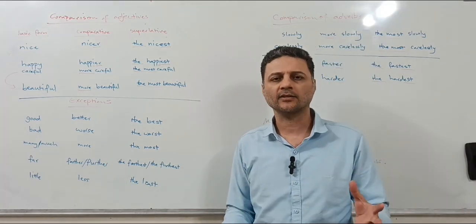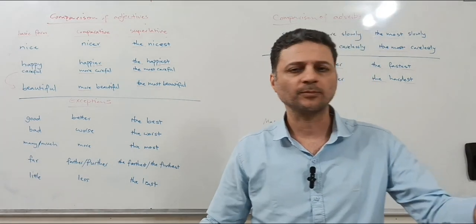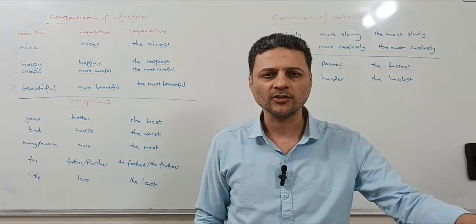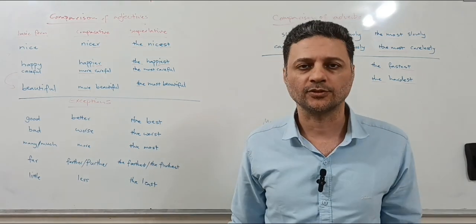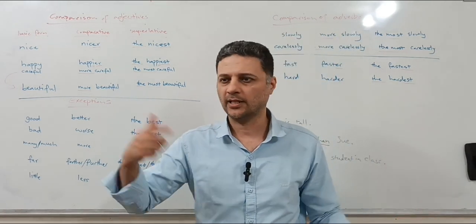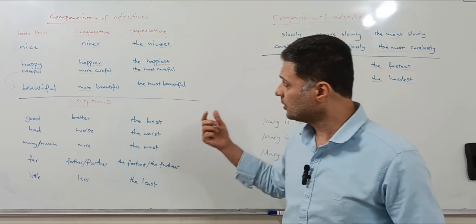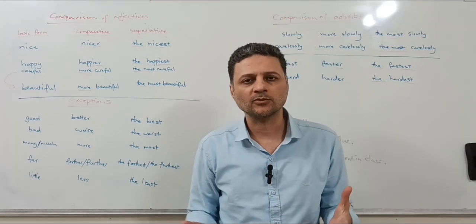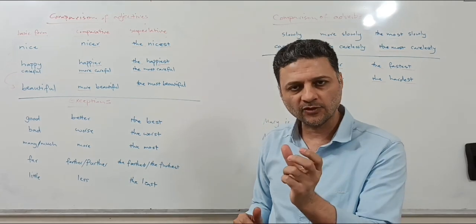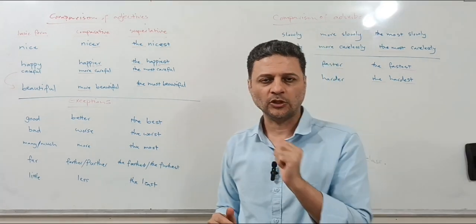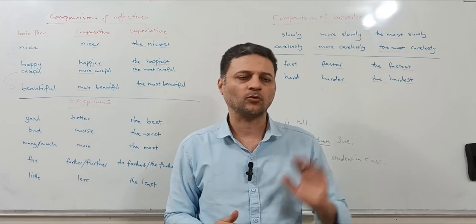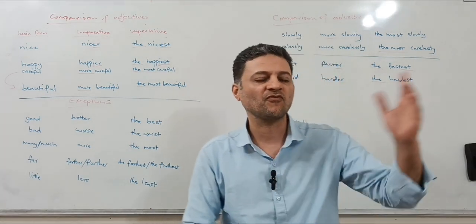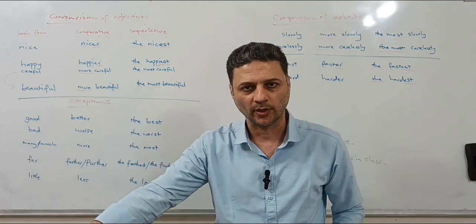Whether we compare two objects, two people, two trees, two animals, two houses, two cars, or more than two objects, people, and the rest of it. When we are dealing with objects, people, and animals, normally we change the adjective used for that object or person to compare them, whether one thing, for example, is faster than the other one or is slower.